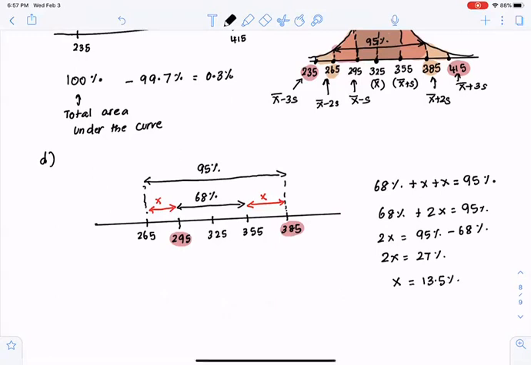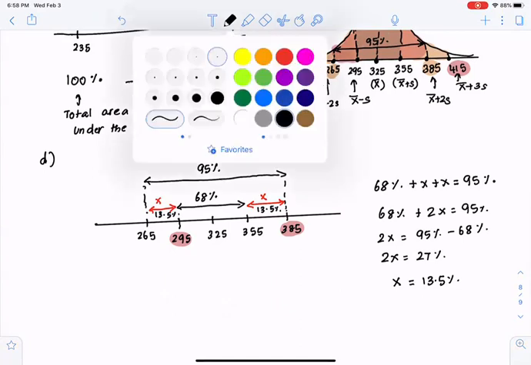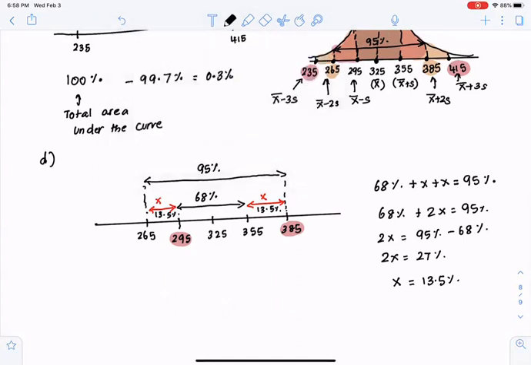So I know the area here is 13.5%, and there it would be 13.5%. So all I have to do now is find the percent between 295 and 385. 68% plus the missing amount, 13.5%, gives me 81.5%. And that would be the final percent that lies between 295 grams and 385 grams.